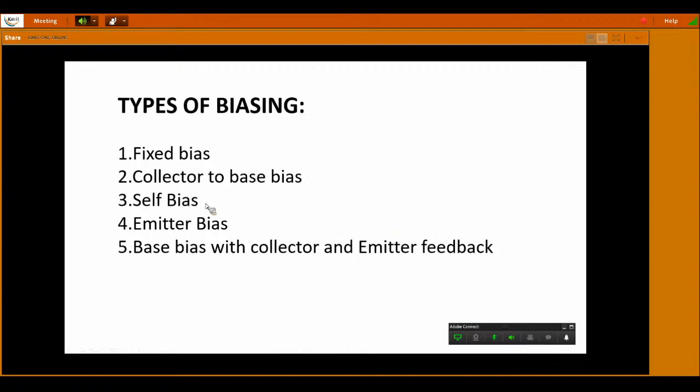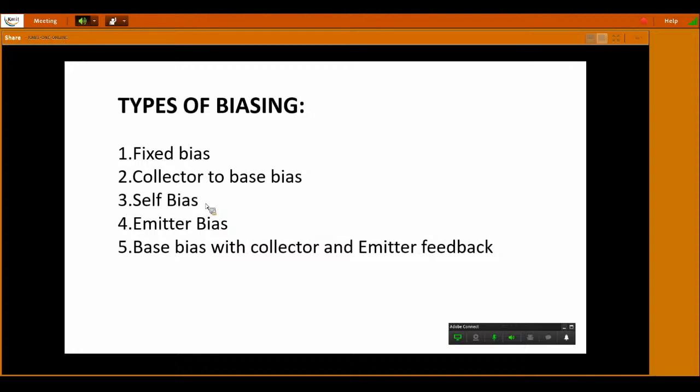The first one is fixed bias, the second is collector to base bias, the third is self bias, the fourth is emitter bias, and the fifth is base bias with collector and emitter feedback. So these are the five types of biasing.